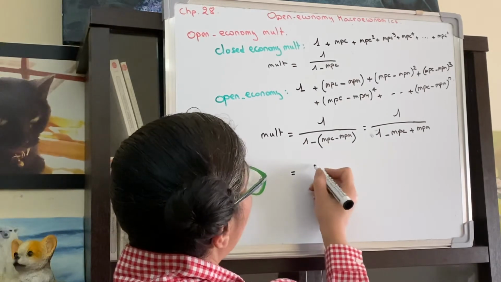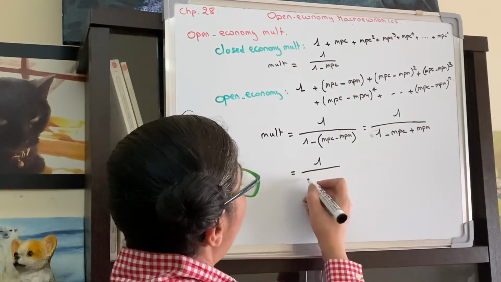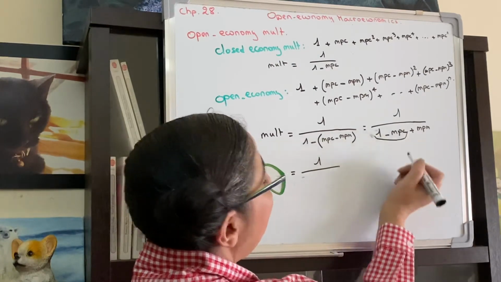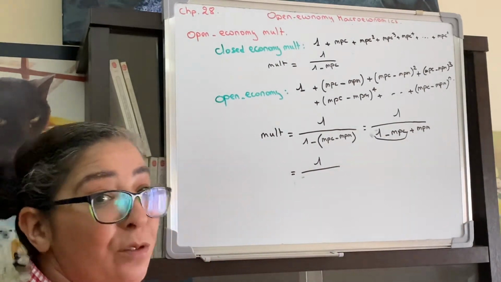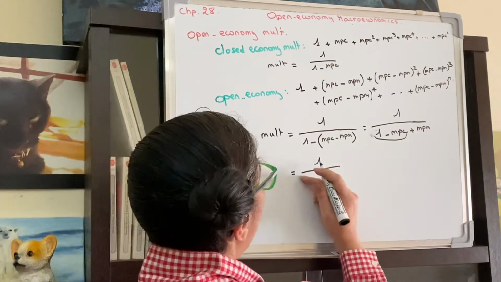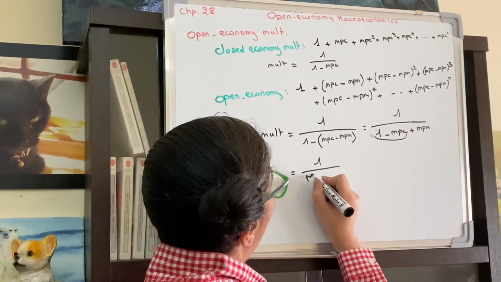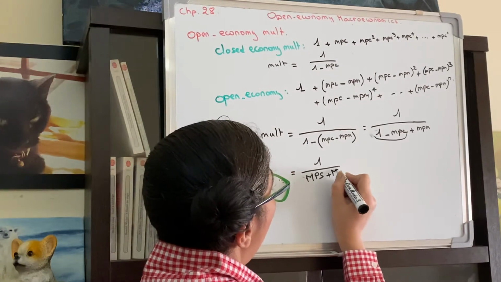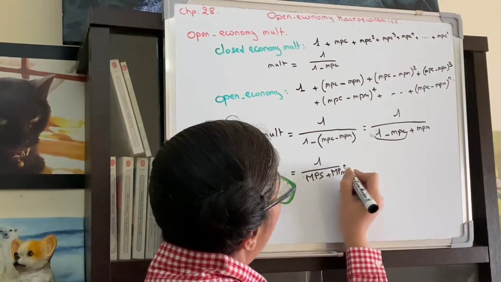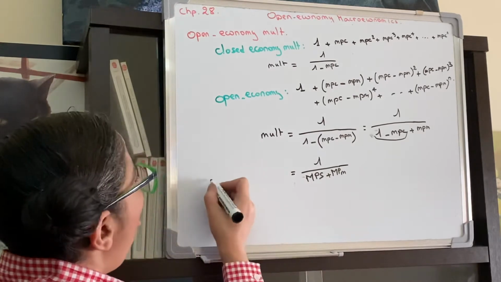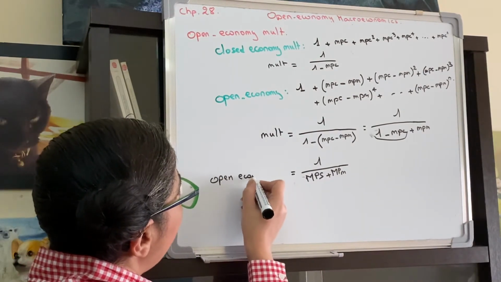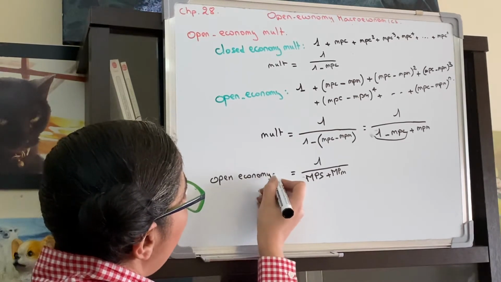Which is equal to 1 over 1 minus MPC. It's equal to MPS. Remember your rules? So it's going to be MPS. Now I'm going to write it the right way. Plus MPM. And that's your open economy multiplier.